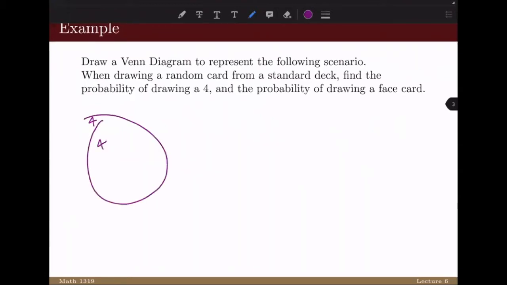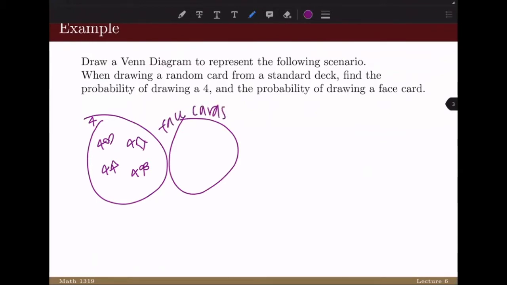We can have the 4 of hearts, 4 of diamonds, 4 of spades, and the 4 of clubs. Since 4 is not a face card, it has no intersection with the set of face cards. So we'll have hearts: Jack, Queen, King. Diamonds: Jack, Queen, King.